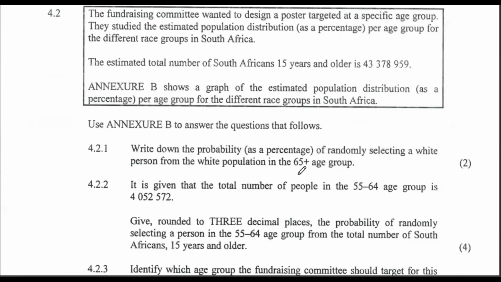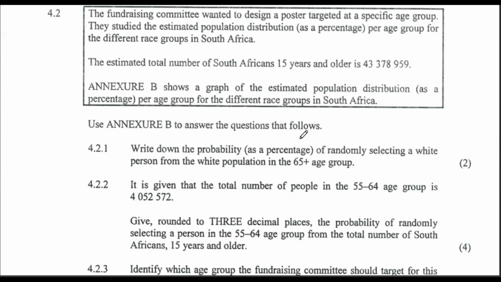Okay, we look at question number 4.2. The fundraising committee wanted to design a poster targeted at a specific age group. They studied the estimated population distribution as a percentage per age group for the different race groups in South Africa.